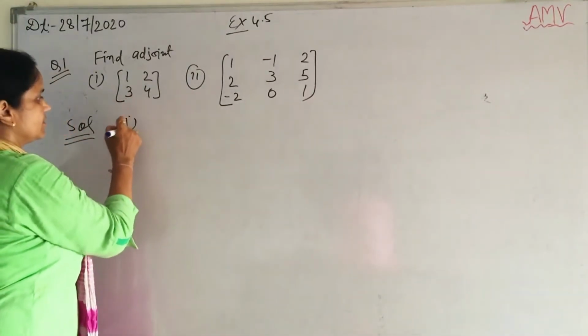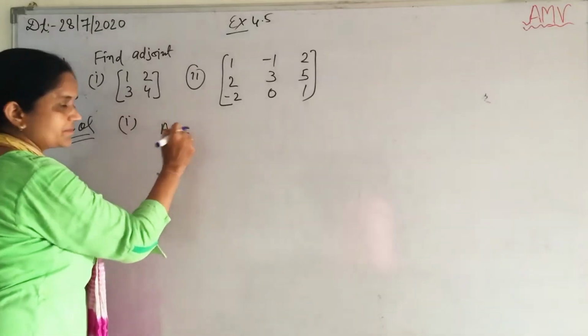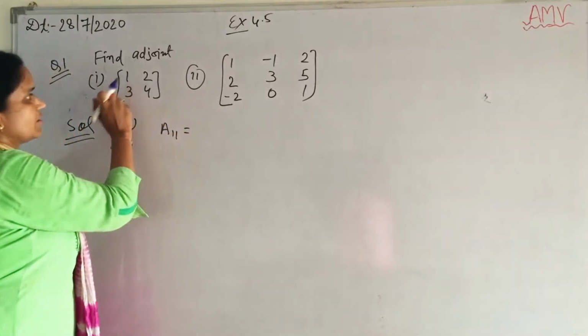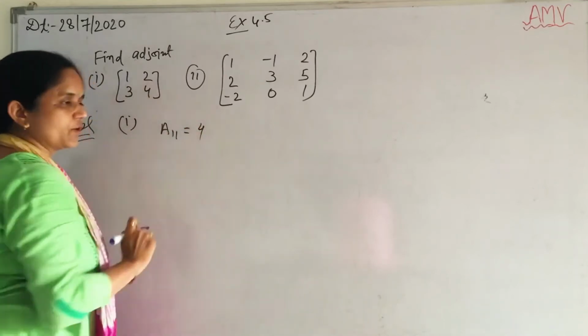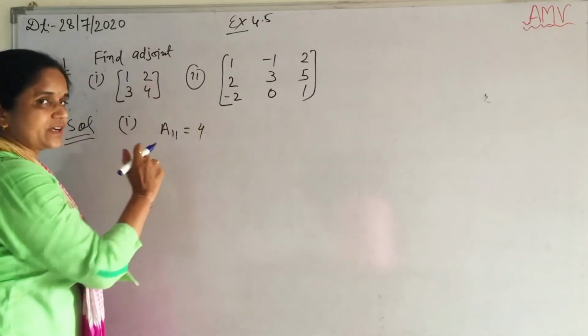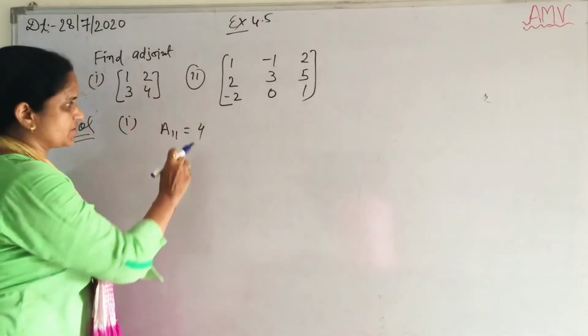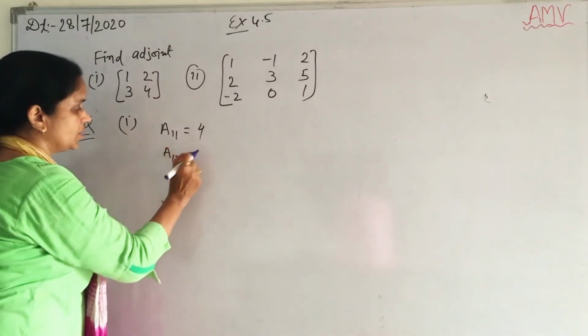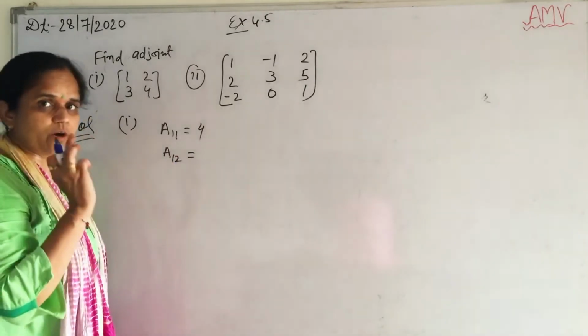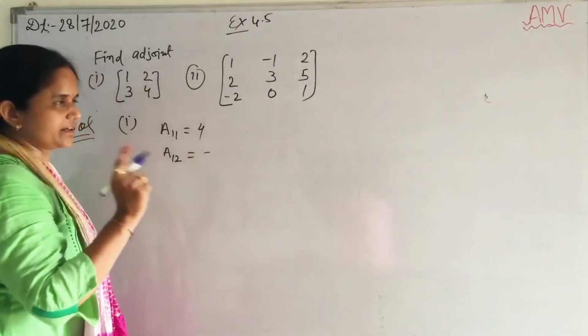Okay, so for the first, I am finding the cofactors. Cofactor of 1: cancel this first row and first column. We will get 4. And here see, 1 plus 1 is 2, an even number, so the sign will be positive. For A12, 1 plus 2 is 3, an odd number, so take the sign negative.